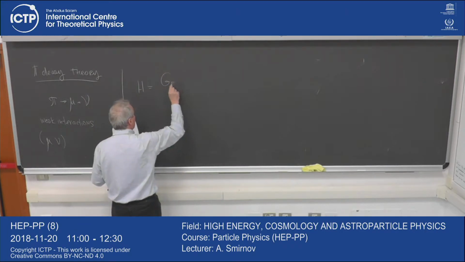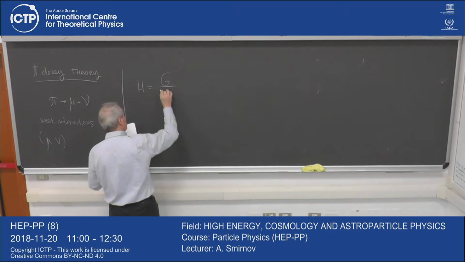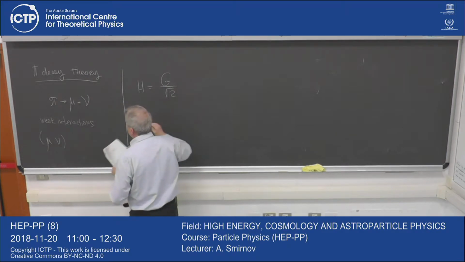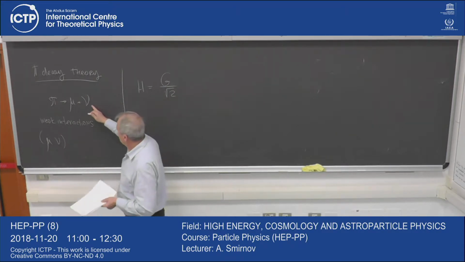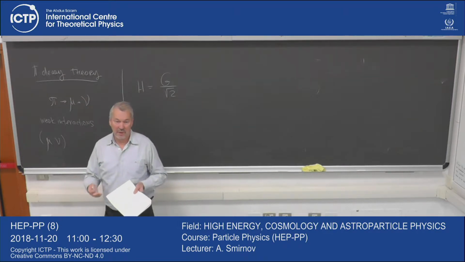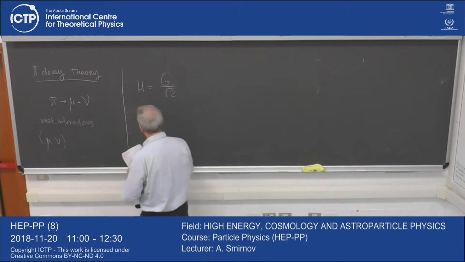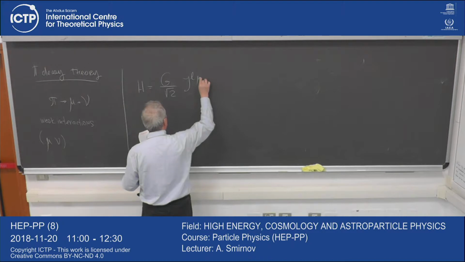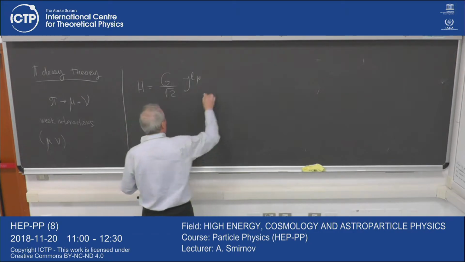Let me write it this way. First G over the square root of 2. Then I can assume that these leptons interact through currents, as we already had before, so I put here a leptonic current, muon gamma nu.